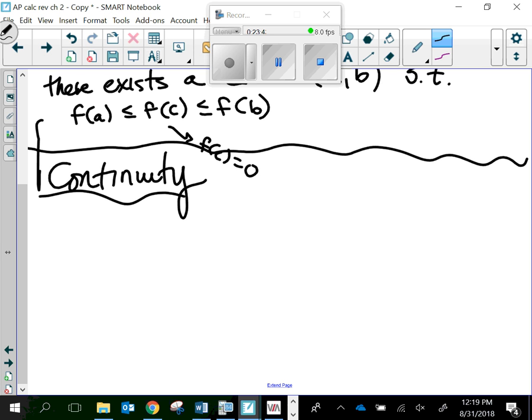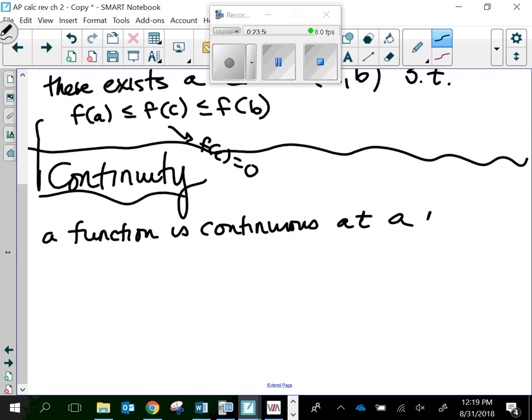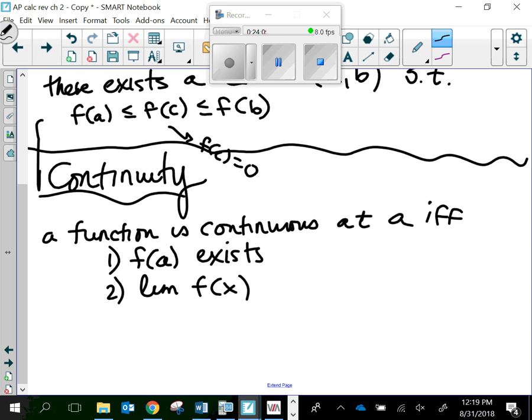Would that help? f is continuous at a if and only if: one, f of a exists. There you go. Two, the limit as we approach what? All right, there you go.